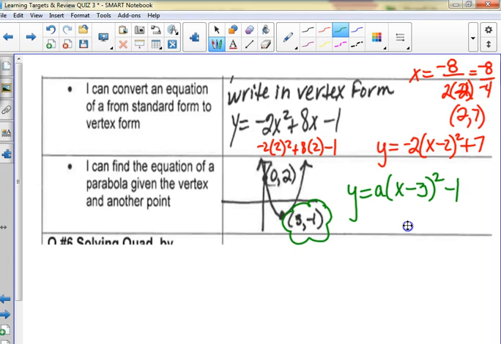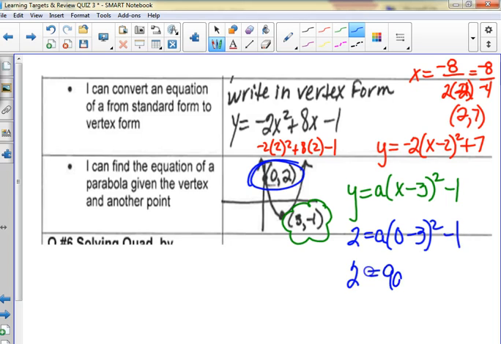All right, and then what do we do to find the stretch, the a value? Do you remember? Plug in the x and y of the other point. So we put the 2 in for x, and the 0 in from that other point. Now this is where some people mess up, because remember this is a times 9 minus 1.